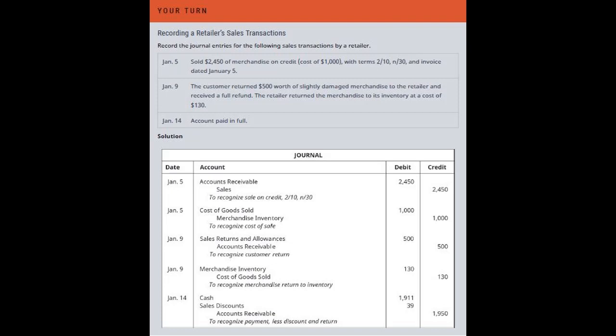And it seems to have 3 transactions, one occurring on January 5th, one occurring on January 9th, and one occurring on January 14th. Now, please keep in mind, this involves a retailer.